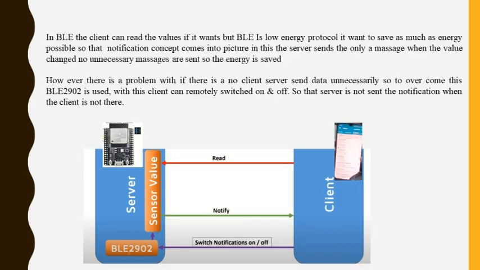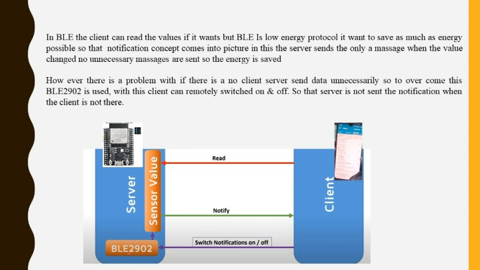In BLE the client can read the value if it wants. But BLE is a low energy protocol. It wants to save as much energy as possible, so the notification concept comes into the picture. In this, the server sends a message only when the value changes, and no unnecessary messages are sent, so that energy is saved.